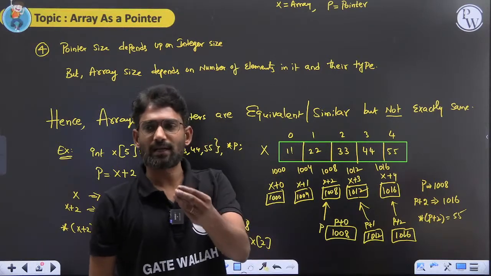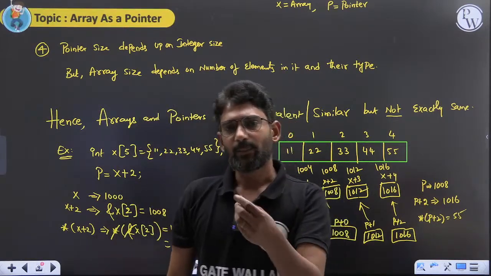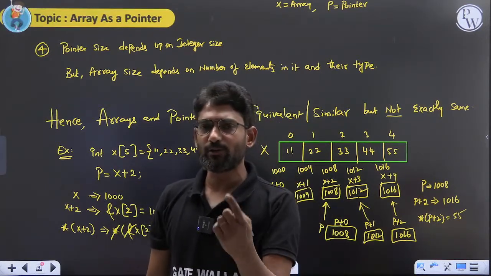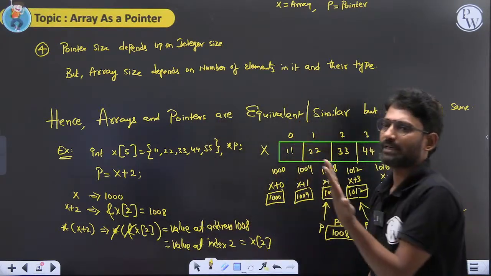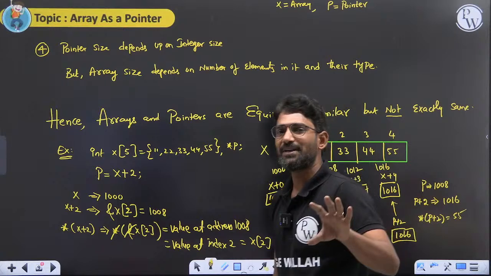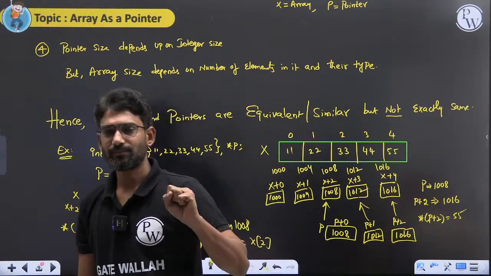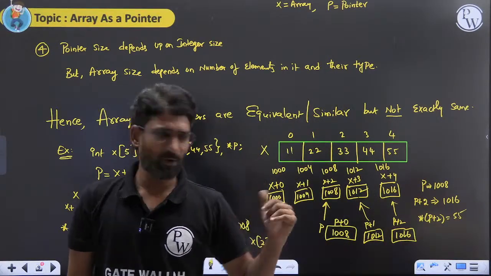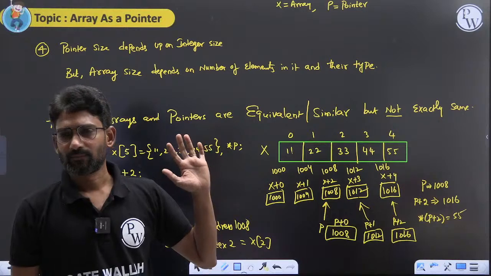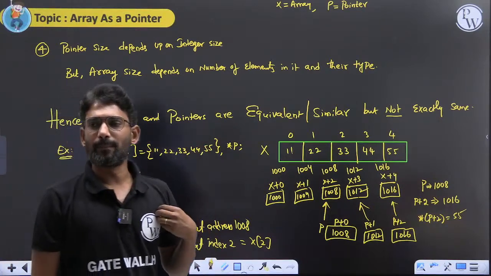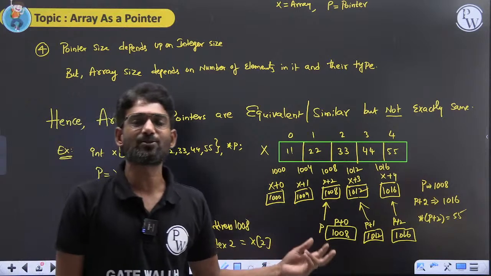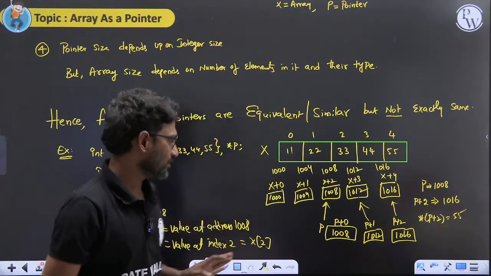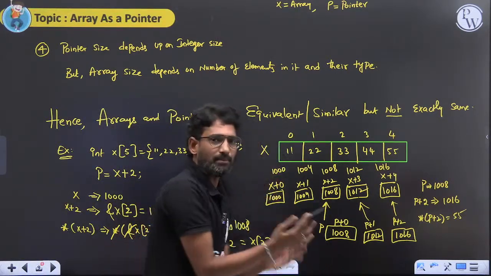That is what Raj Sarkar I was telling. P need not point to always the base address. P can point anywhere, but X always points to the base address. And it is not P base address. You should not say base address of P. Base address of P means P got some memory, no?